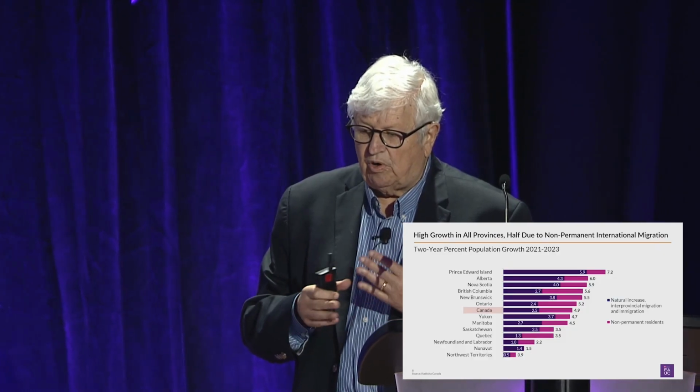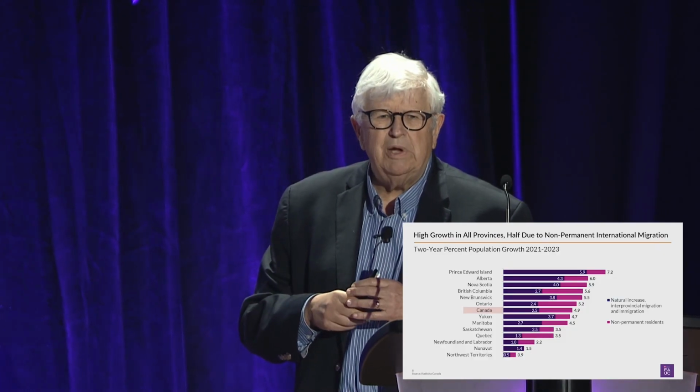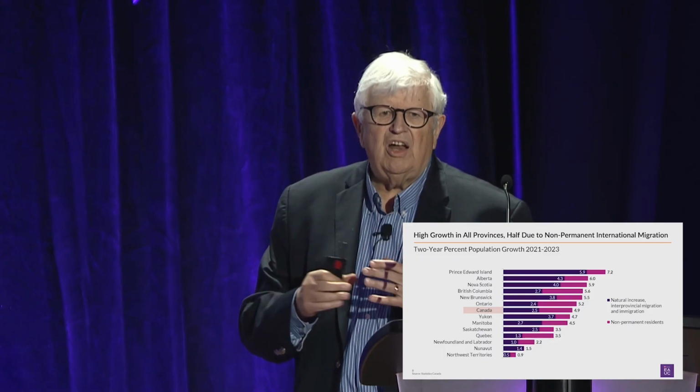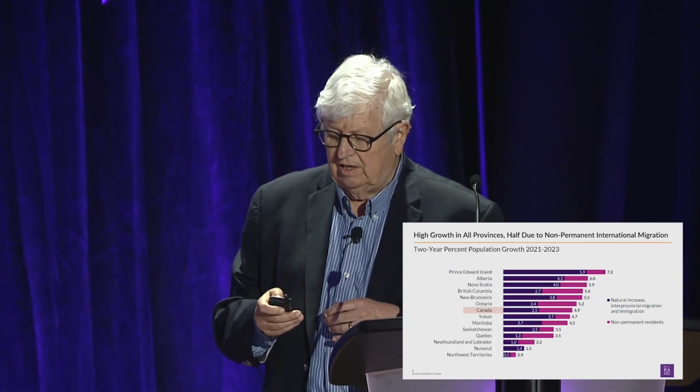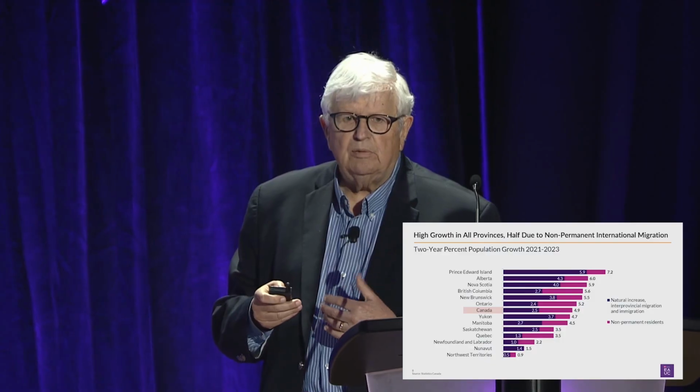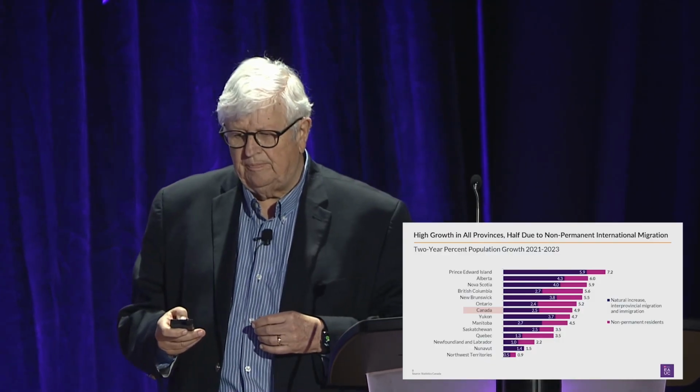More than half was temporary. Temporary was less important in places like Alberta, the Maritime provinces, but still played a big role. So a lot of the growth right across the country has been due to that non-permanent or temporary migration. We're going to look at that in a little more detail a little bit later on.